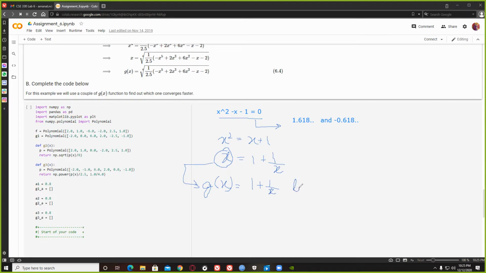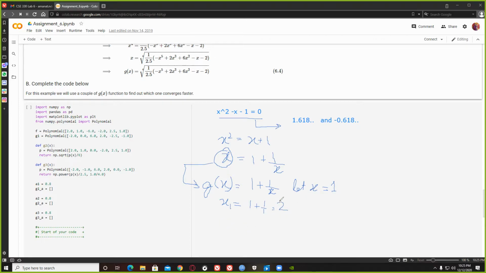So let's assume the first value we put in instead of x is 1. So then g of x becomes 2. So let's write it as x of 1. So 1 plus 1 by 1, this becomes 2.